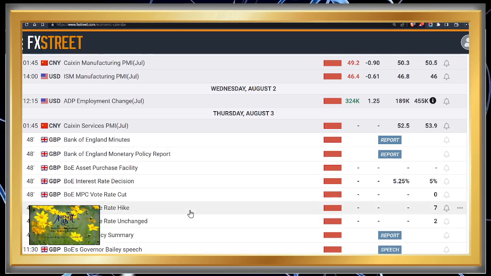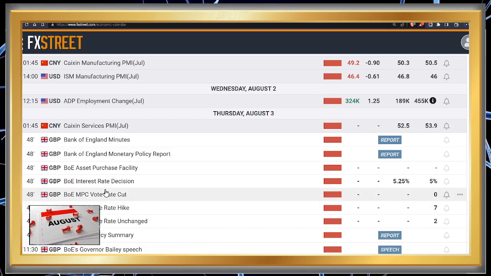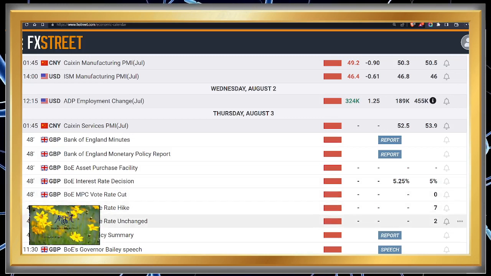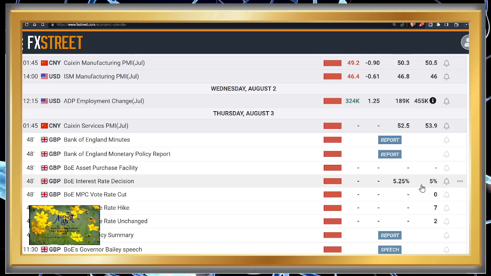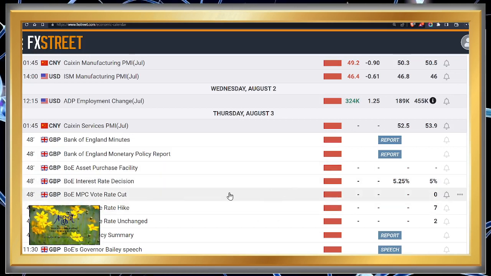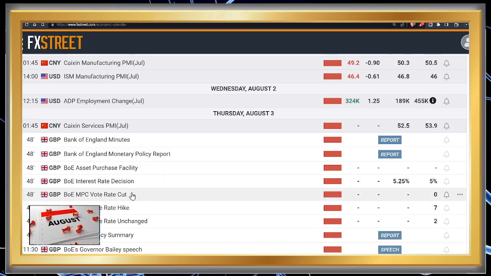For today, we have the major key events from the Bank of England: the Bank of England minutes, the monetary policy report, the asset purchase facility, and the key event, the interest rate decision, which the majority in the market is looking forward to, as we are expecting a 25 basis point rate hike, which is the popular narrative in the market at this moment. So we are going to be looking forward to what the actual data is going to be like.